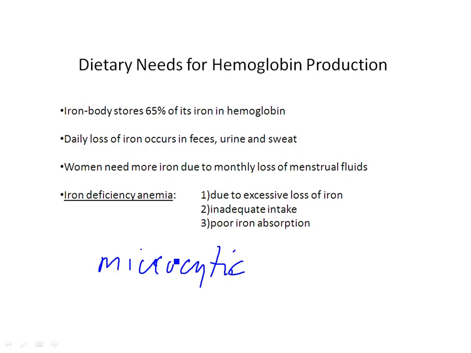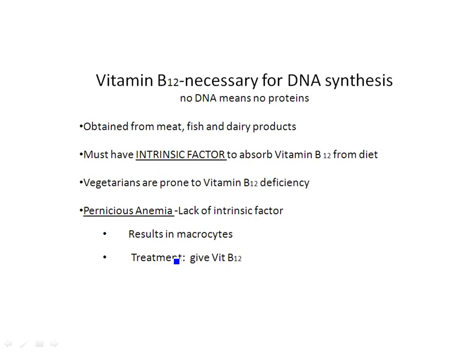They're pale because they lack that red pigment from the hemoglobin. And they don't do their job as well. So the simple treatment, though, is take iron supplements, get more iron in your body, and then you don't have this iron deficiency anemia.